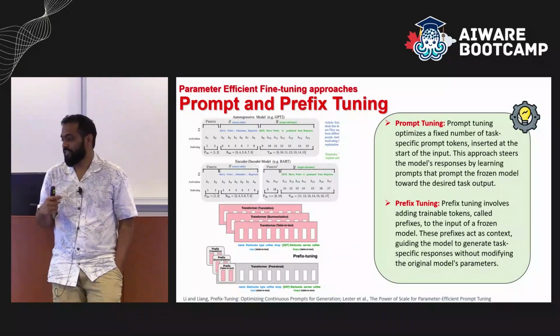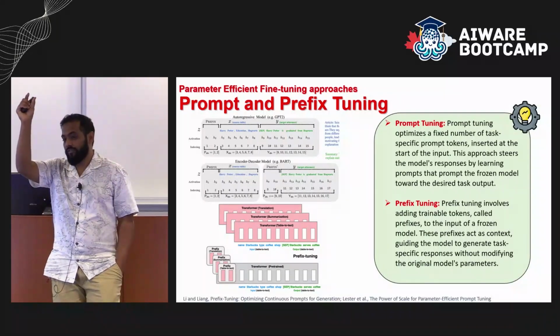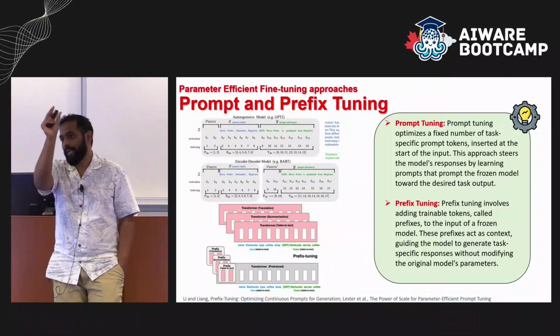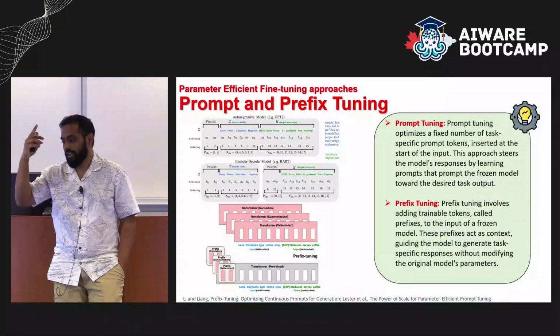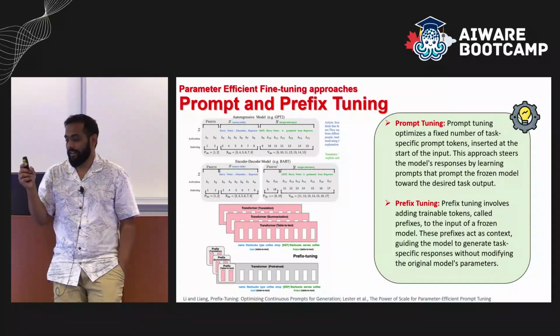Whereas in prefix tuning, we add some trainable tokens to each layer. A few parameters are added, and these are trained for each prompt. Both of these are still additive methods, and they help encode a lot of context information.